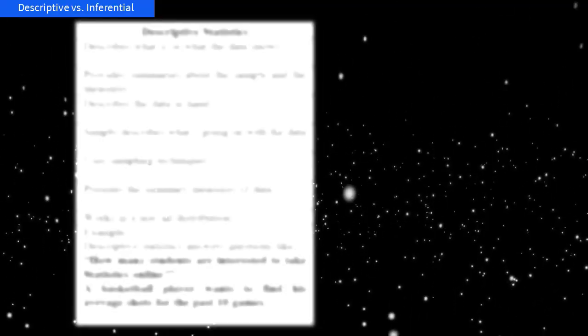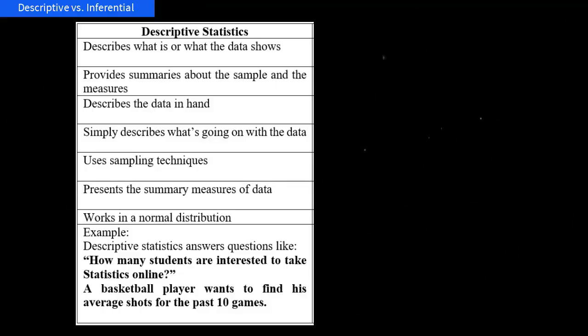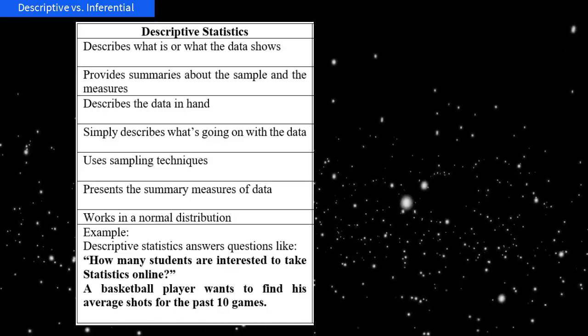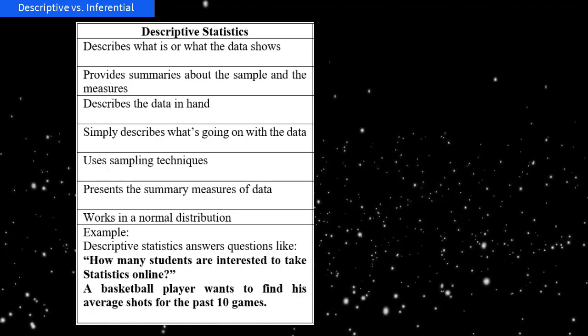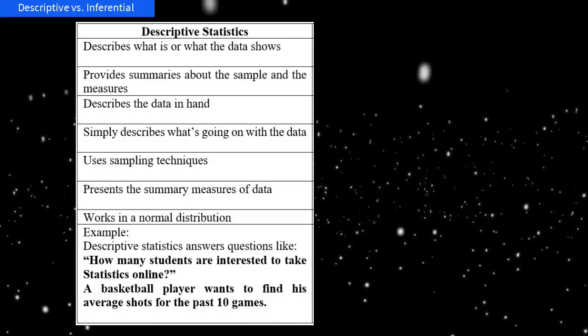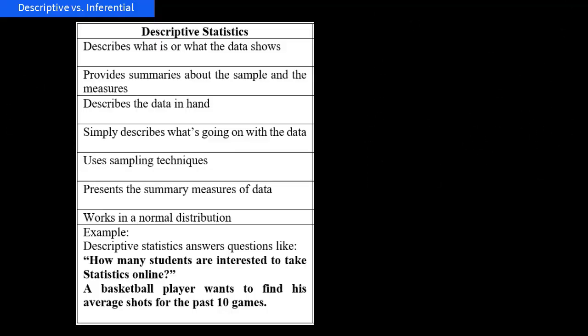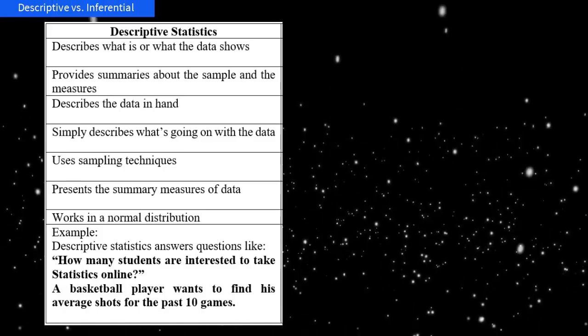In descriptive statistics, it describes what is or what the data shows, provides summaries about the sample and the measures, describes the data in hand, simply describes what's going on with the data, uses sampling techniques, presents the summary, measures of data, and works in a normal distribution.